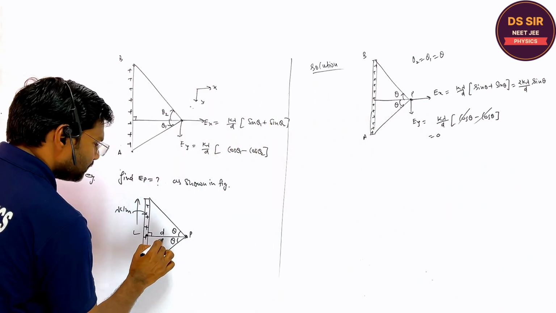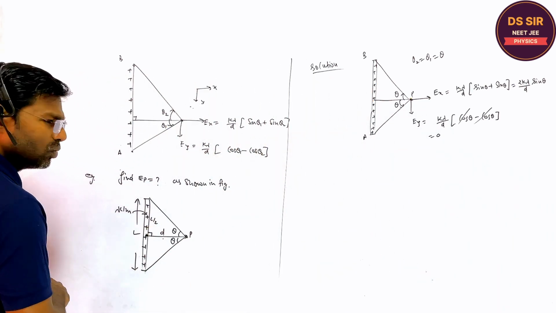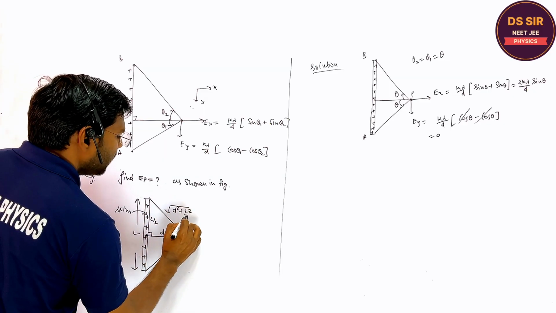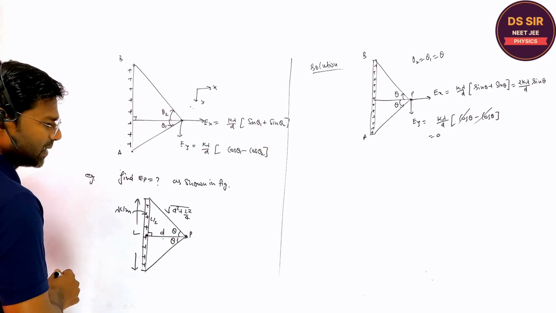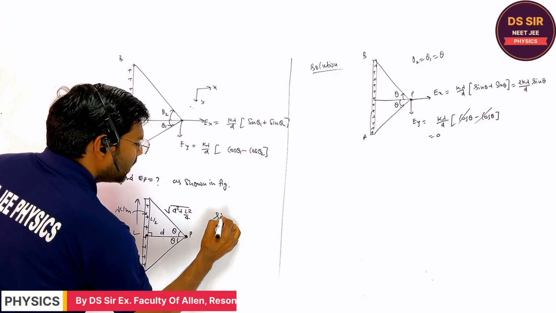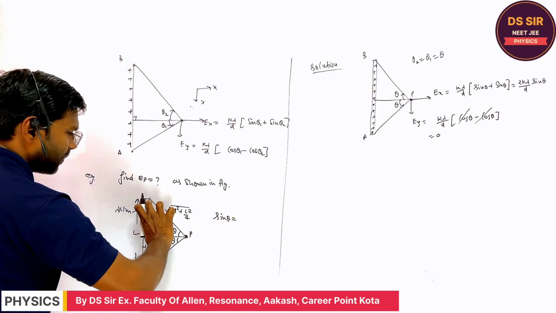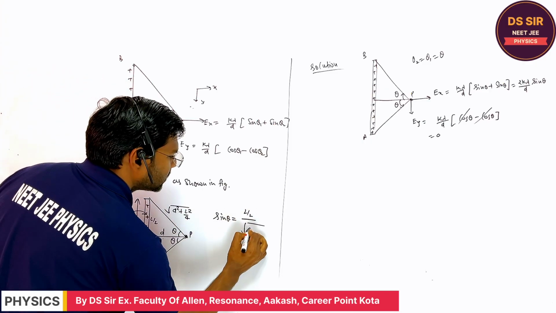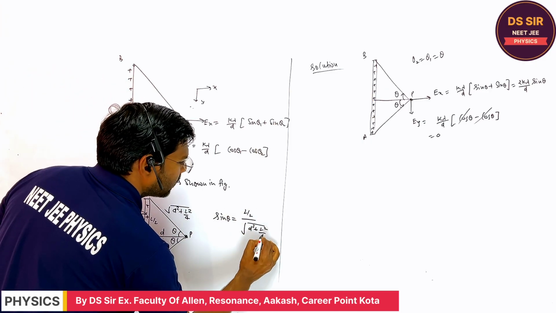Suppose this is d, this is L by 2, and the hypotenuse is root of d square plus L square by 4, right, root a square plus b square. So what will you write for sine theta over here? Sine theta is perpendicular upon hypotenuse, so L by 2 upon root of d square plus L square by 4.